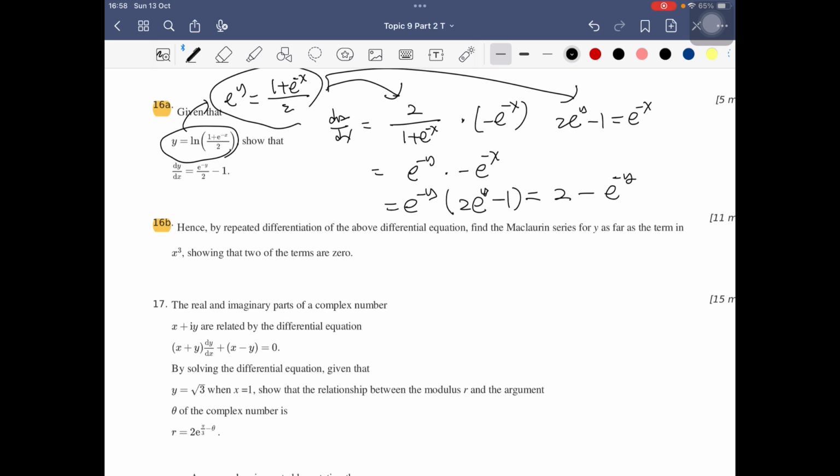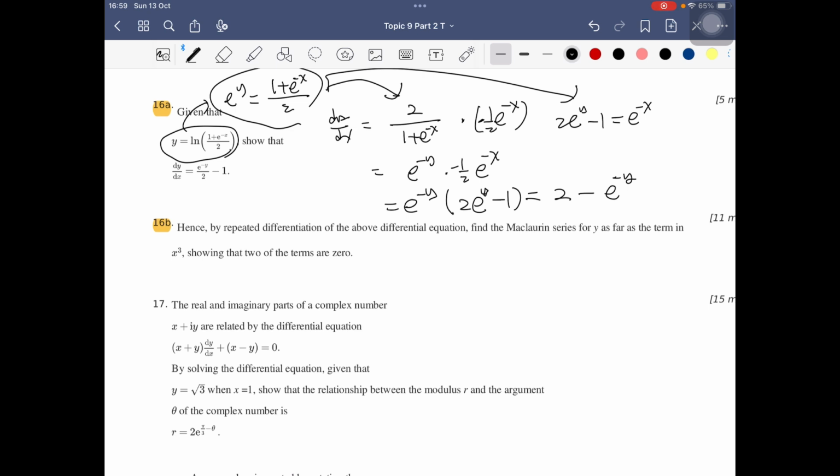Just let me have a look. So e to the power of y is 1 plus e to the power of negative x over 2. When I find the derivative of that, 2 over 1 plus e to the power of negative x. Okay. This is a negative 1 over 2. It was my mistake.